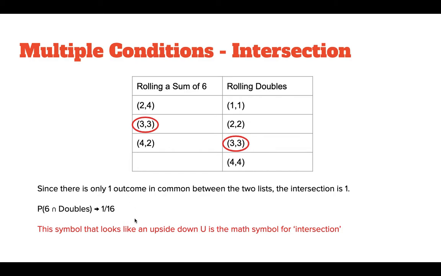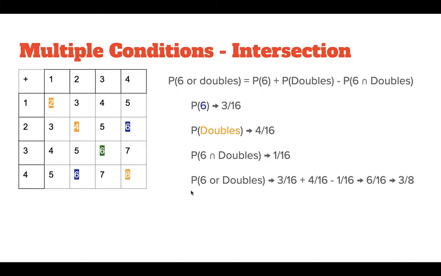So all I have to do in the math formula now is to take that intersection and subtract it out of the answer that I got when I added the two together. So the probability I got a 6 was 3 out of 16. The probability that I got doubles was 4 out of 16, but one of those was double counted. So I have to subtract that one out in order to get my answer of 6 out of 16.